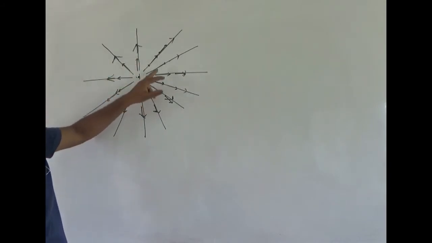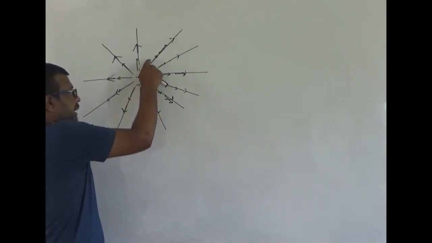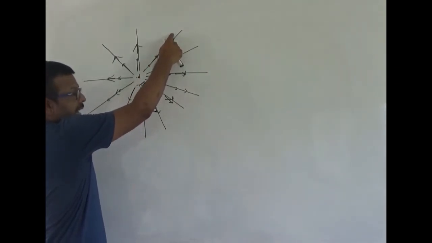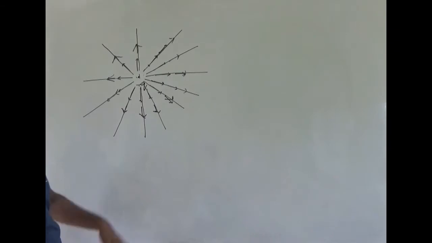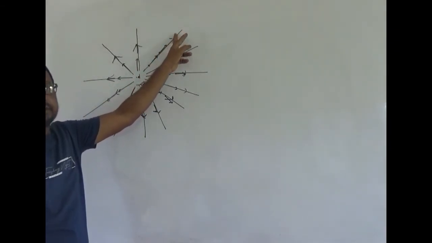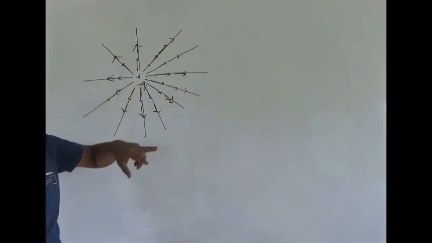But in this region, lines are closely spaced. We know the electric field intensity at this point will be greater than the electric field intensity at this point, because at this point distance increases, and if distance increases, then electric field intensity decreases.